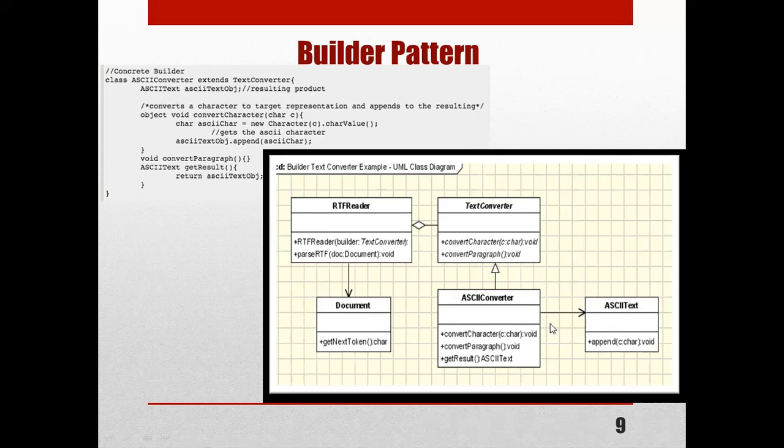This class is associated with the ASCIIConverter class, so that's why we can create objects of that ASCIIText, that is the resulting product. Then we are going to implement the methods from the TextConverter and ASCIIConverter class. This is the concrete builder. Okay, this is the product class. This is the abstract class here.